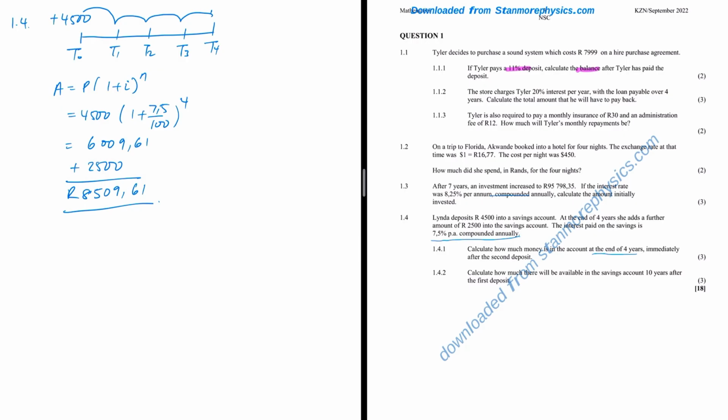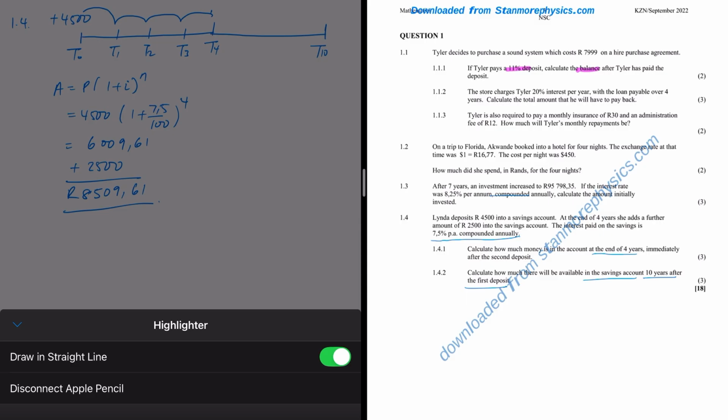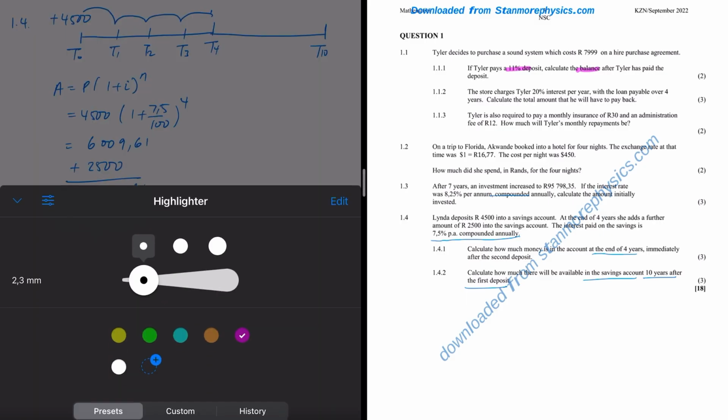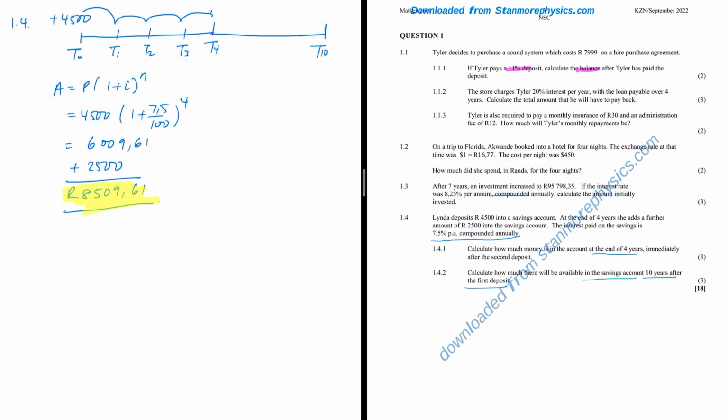Now 1.4.2 reads, calculate how much there will be available in the savings account 10 years after the first deposit. In other words, they want to know how much will there be at T10. So we want to grow this amount that we just worked out. Let's use a different color here. This amount that's sitting in the account, 8,509.61, we want to grow it for another 6 years.